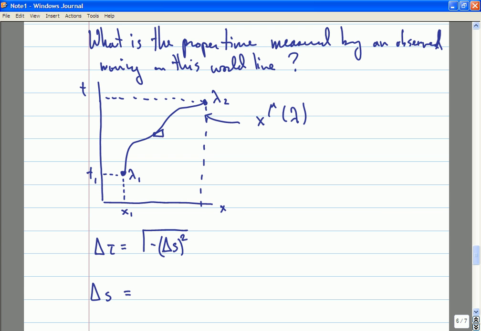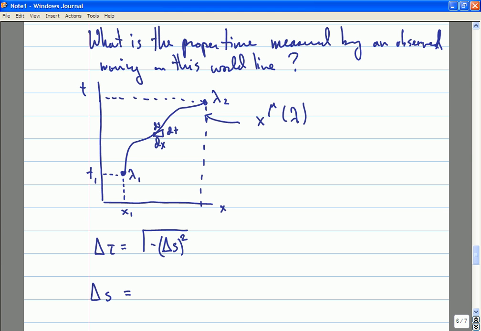So you could imagine you have a very small change in the coordinate x, dx, and a small change in the time coordinate dt, and then you could compute the interval ds corresponding to that small change in x and t.